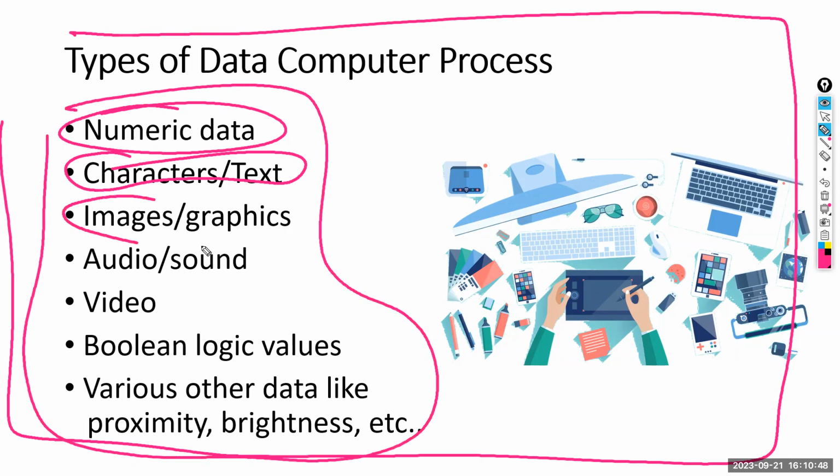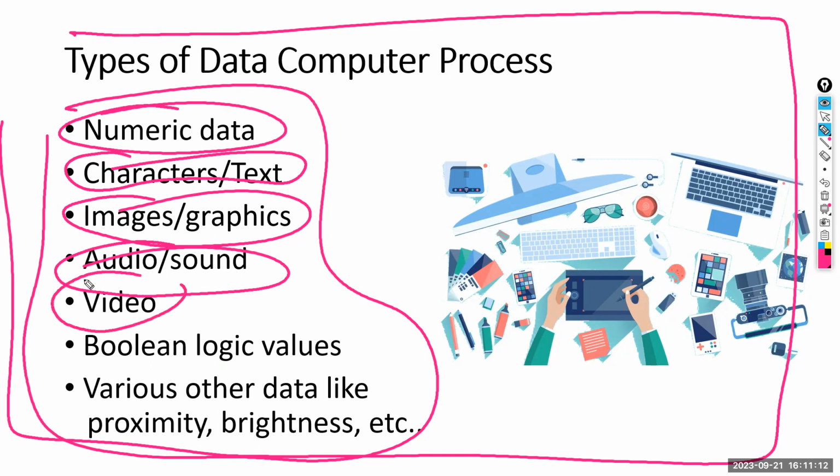The computer can process images, graphics. That is why we have Photoshop and so on. Paint. Computer can process audio or sound. So that is why you can hear my voice. That is why you can play music. Okay. So you have the audio players in the computer.